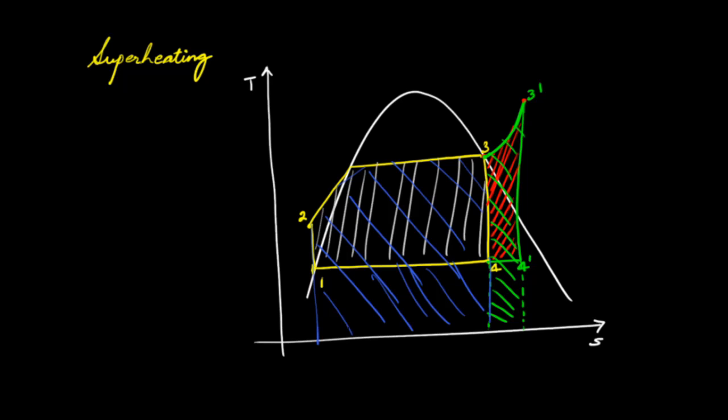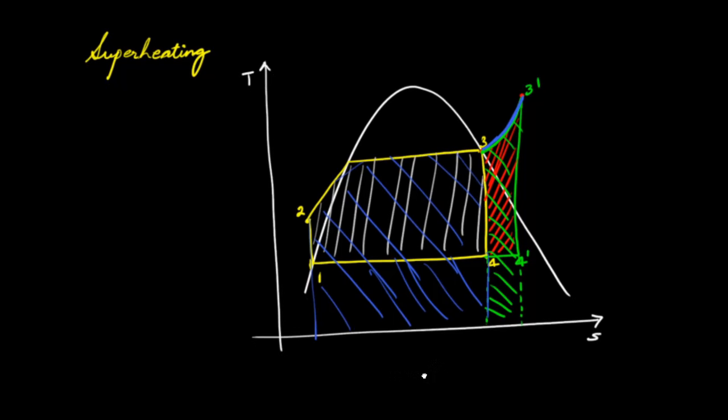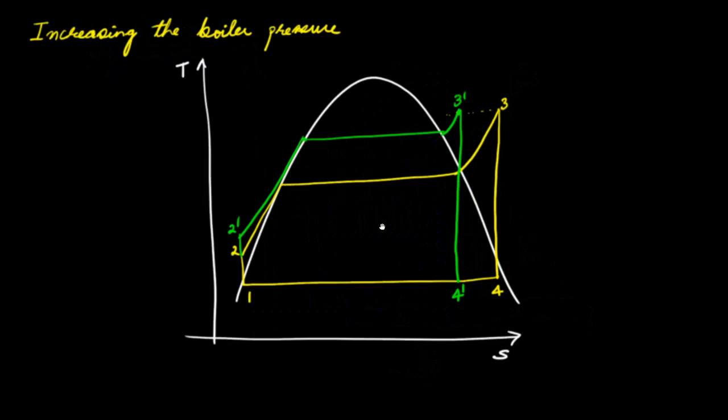And obviously, as we have seen earlier also, superheating results in an increase in the average temperature at which heat is absorbed, and hence the efficiency increases. And we have also seen this through an example in the beginning of this lecture, that superheating results in increase in the efficiency.